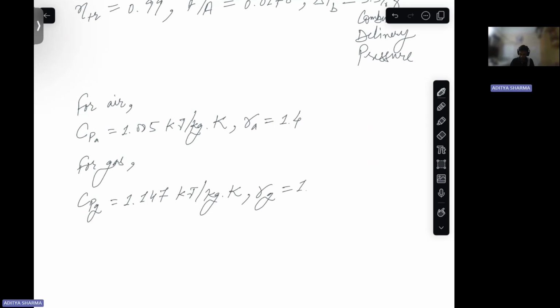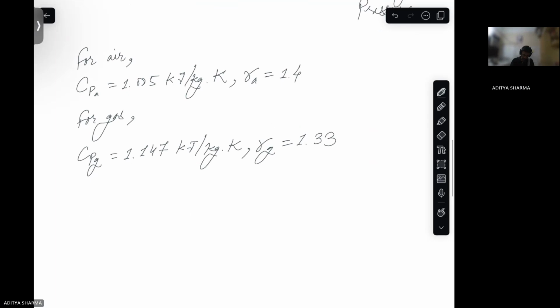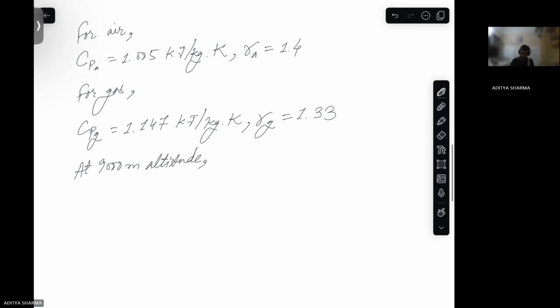Gamma G is 1.33. And at 9,000 meter altitude, pressure is this.